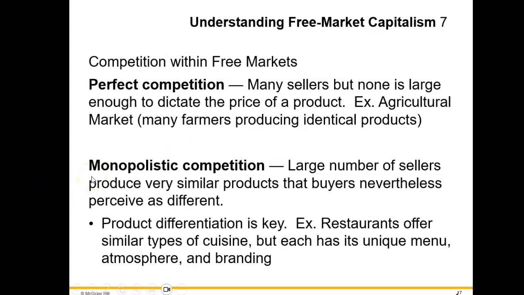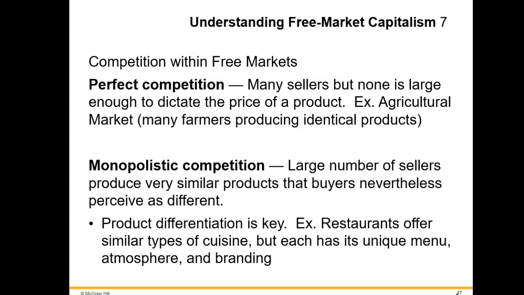Compared to a monopolistic competition, you have a large number of sellers who produce very similar products that buyers nevertheless perceive as being different. With this type of competition, differentiation is the key. Example, restaurants offer similar types of cuisines, but each has its own unique menu, atmosphere, and branding.